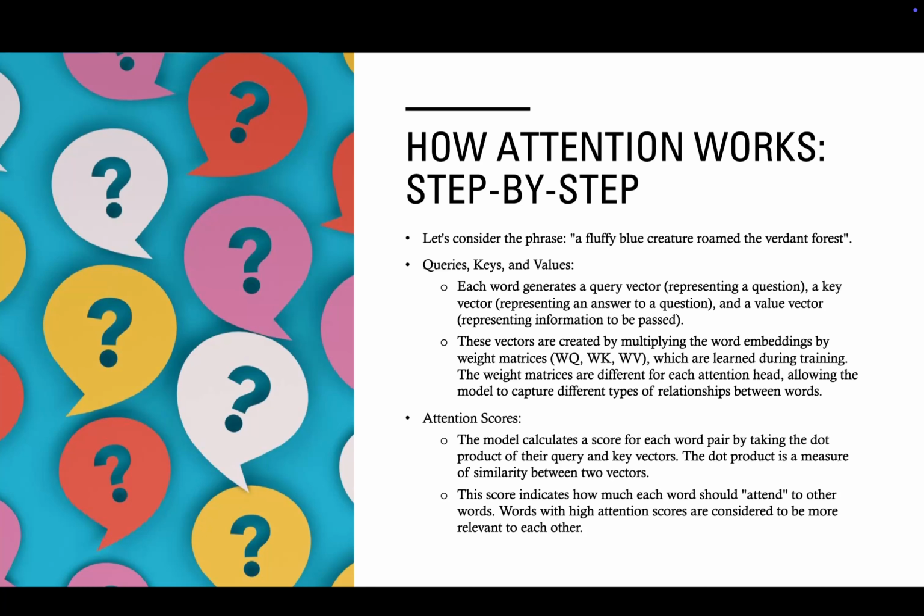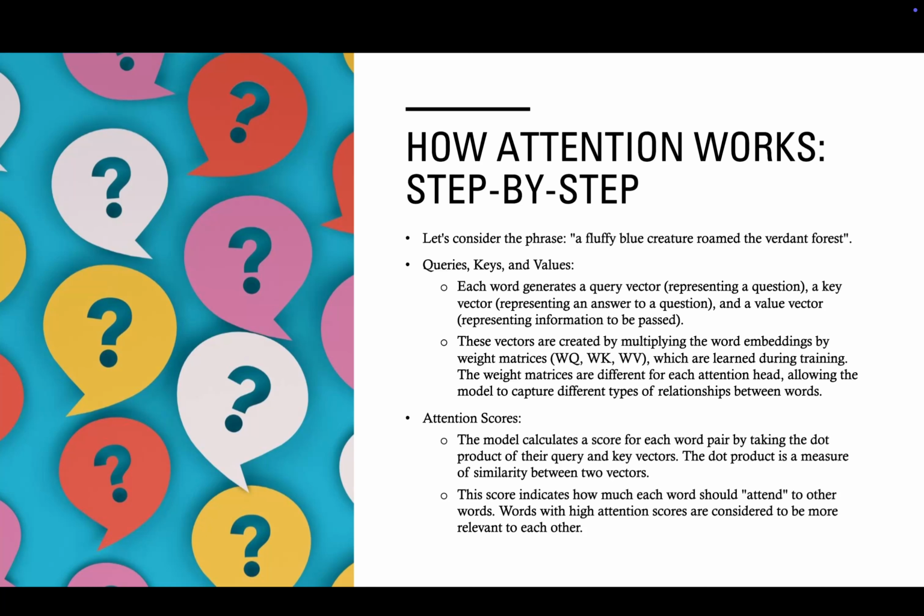So let's look at it step by step through an example. Let's consider the phrase, a fluffy blue creature roamed the verdant forest. So for the queries, keys, and values, each word generates a query vector, which represents a question, a key vector, which represents an answer to a question, and a value vector, which represents information to be passed.